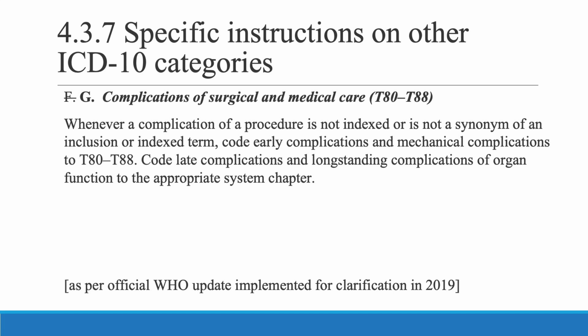Code late complications and long-standing complications of organ function to the appropriate system chapter. For this, I present the instruction and refer you to the video made, step M4, including section 4.2.9, special instructions on surgery and other medical procedures.